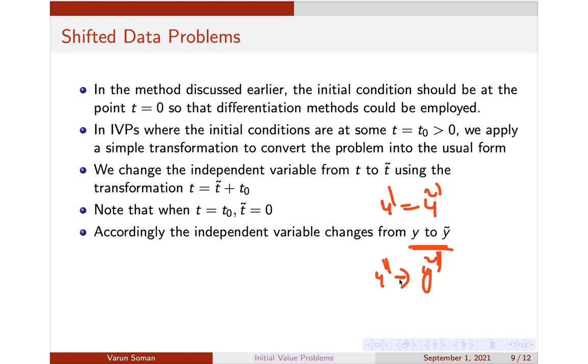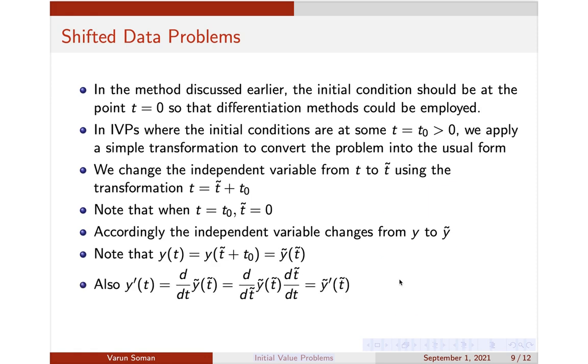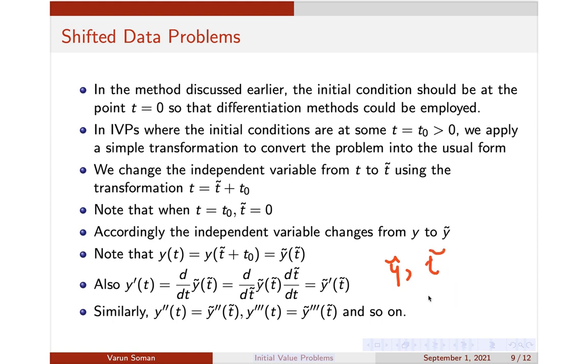When you do the problem, you'll understand. I will give you a problem also, we'll try to understand that here. So as I told you, your y dash of t is the same as y tilde dash of t tilde, and everything will be like this. Once you convert your y of t into y tilde, your problem will become in terms of y tilde and this t tilde. Now you solve this problem in terms of y tilde, and you will get the value of y tilde.